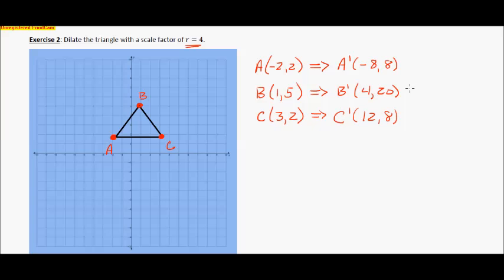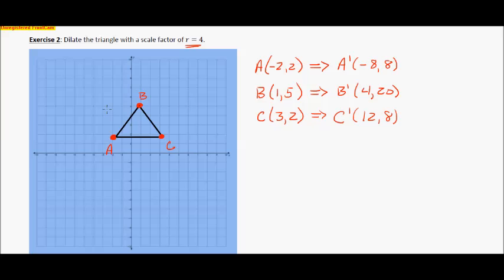Alright, now these are going to be pretty easy for you to graph, although two of them, these two, won't fit on the coordinate plane that we have here. So the more important thing when we do the dilations, I know with the reflections and the translations and the rotations, we've kept everything within this 10 by 10 grid. Actually 20 by 20 grid if you go all 4 quadrants.